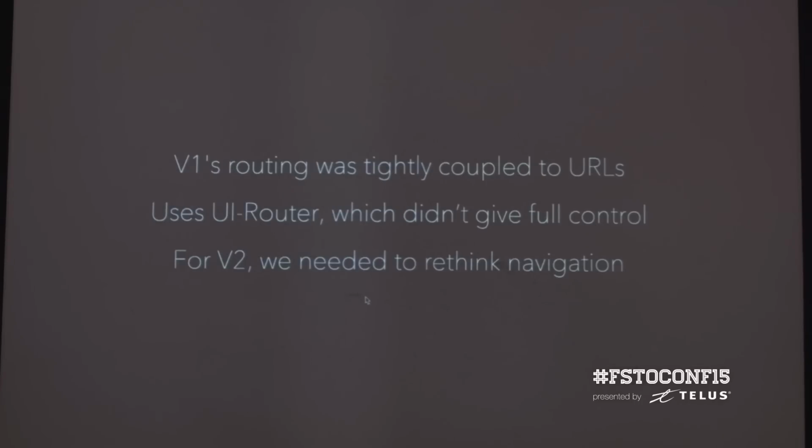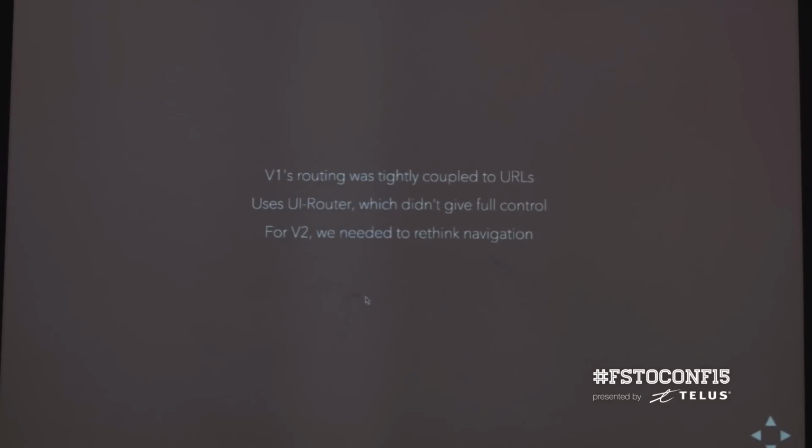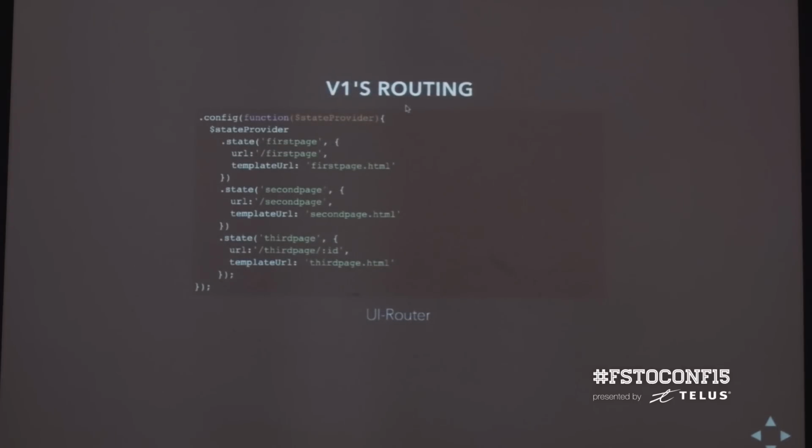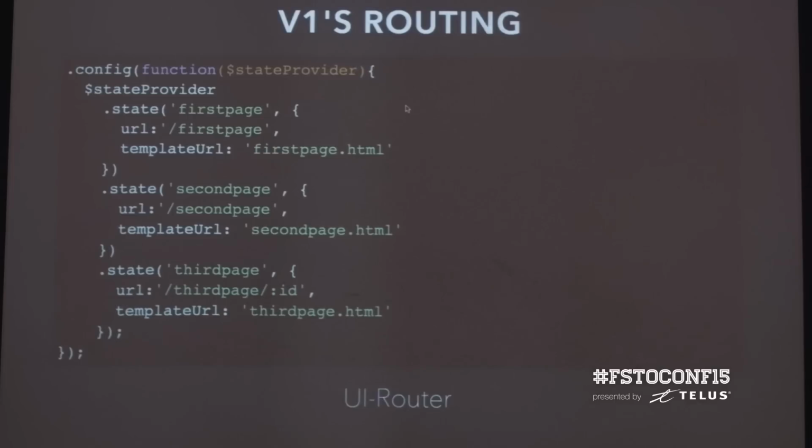UI Router was very limiting in this aspect, because even though it is a state machine, it still needs a URL portion of it. So we completely reworked our navigation system from the ground up, saying you don't need to use URLs. So what does that actually look like? We'll look at this V1 example.